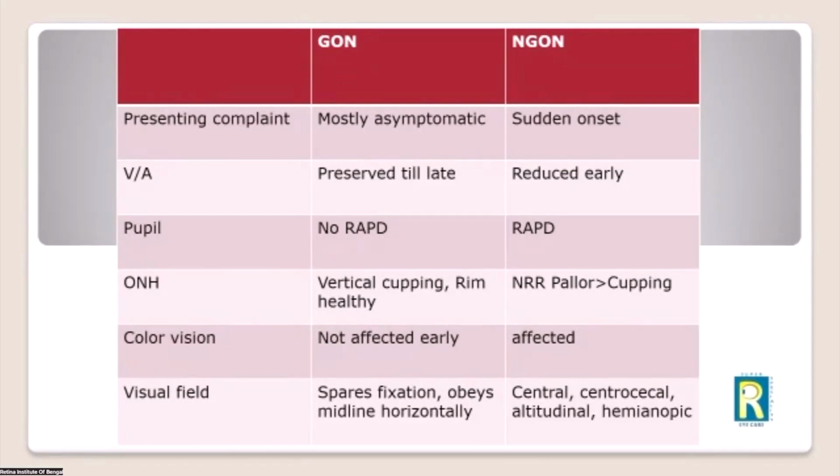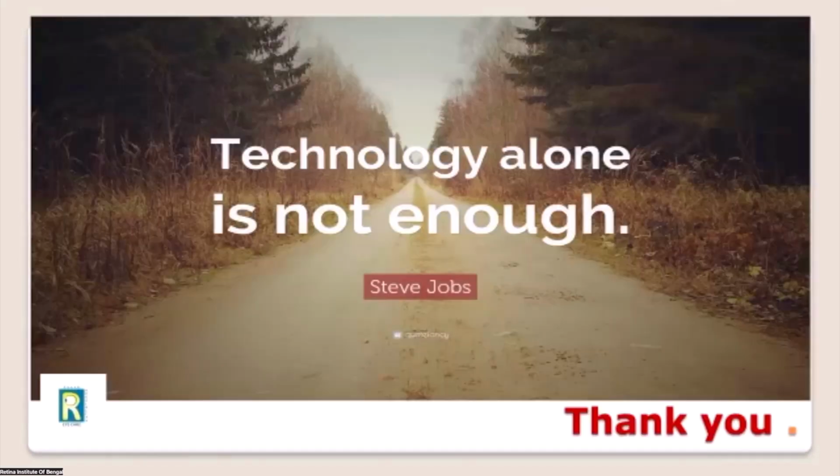These are a few salient features: in glaucomatous defect you expect a slow deterioration of visual acuity, but in non-glaucomatous, like in any neuropathy, there is a sudden deterioration. The onset is very sudden. So these are a few points to keep in the back of your mind. This is the machine that guides us in diagnosing glaucoma and helps us not to overtreat.